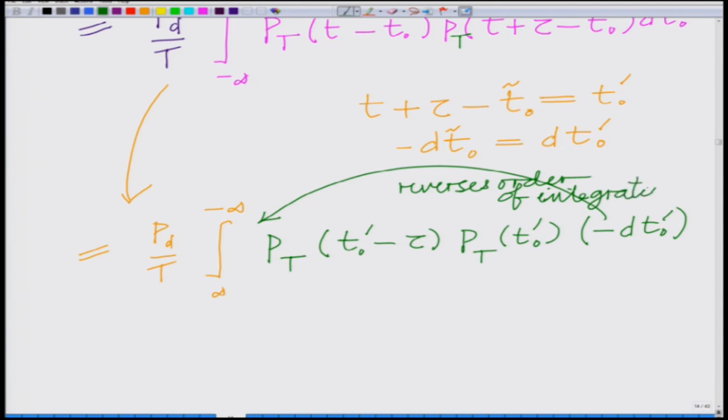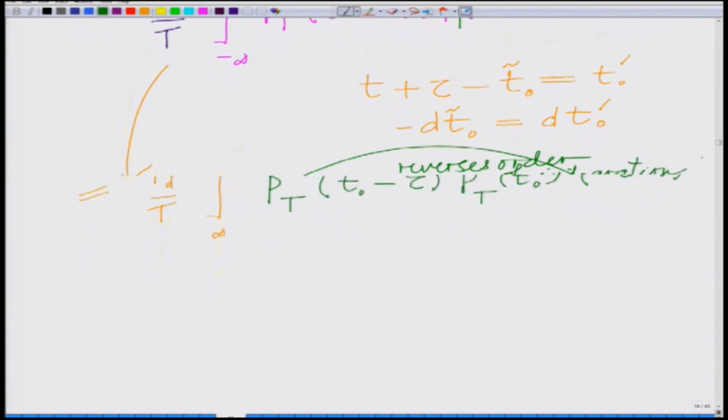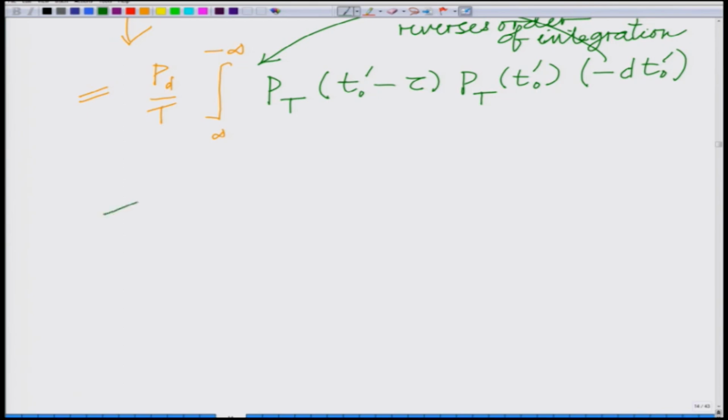For the integral, you bring the minus sign outside, and the integral from infinity to minus infinity becomes the integral from minus infinity to infinity.